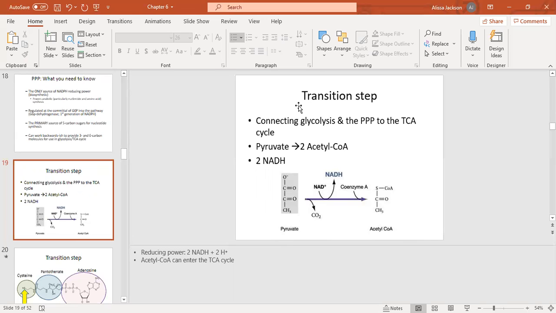So that's probably a keyword to note that connects glycolysis and the pentose phosphate pathway to the TCA cycle. And for every pyruvate, you get 2 acetyl-CoA. Yeah. So you would technically have, I guess, 4 of these, right? Because glucose gets split into 2 pyruvate. Yes. So then for the NADH, do you get 2 total or 4 total?